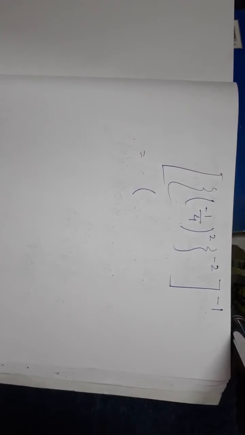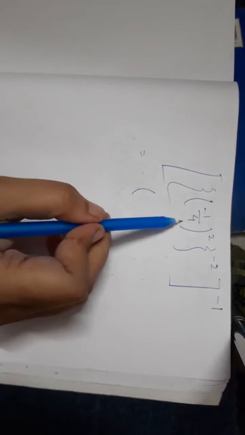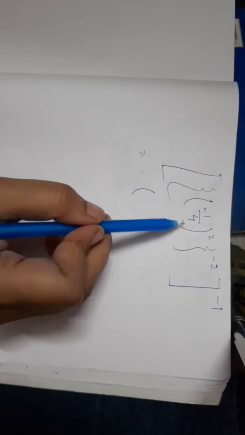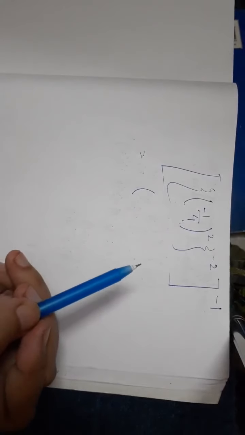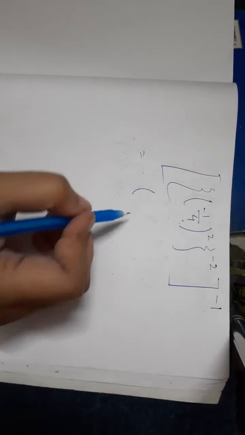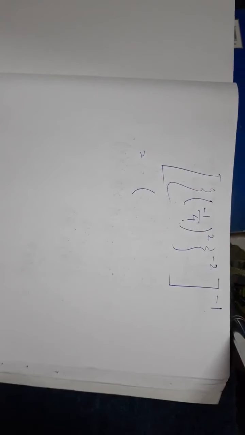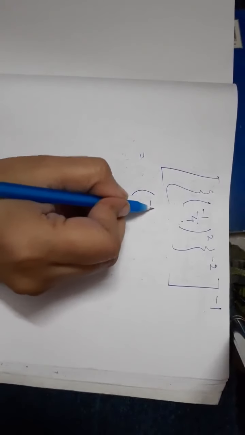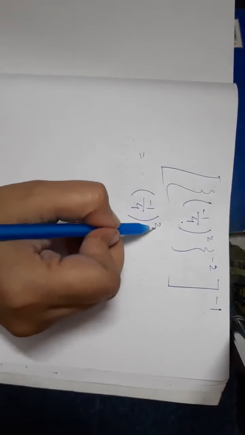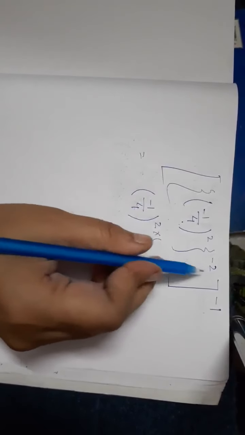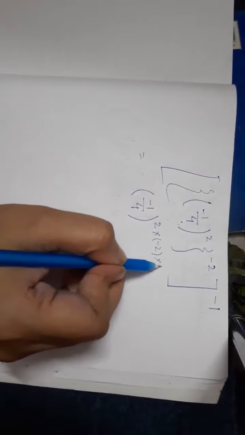Now let us solve this one. In this case it is written 1 by minus 1 by 4. This is a rational number, and 3 different powers are there. So how to solve this? As we have seen in the formula, according to the formula we will proceed here also: minus 1 by 4 raised to the power 2 into minus 2 into minus 1.